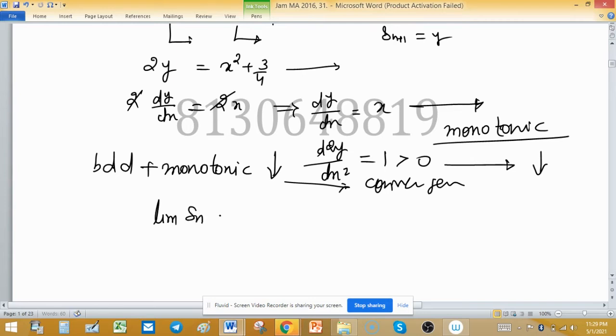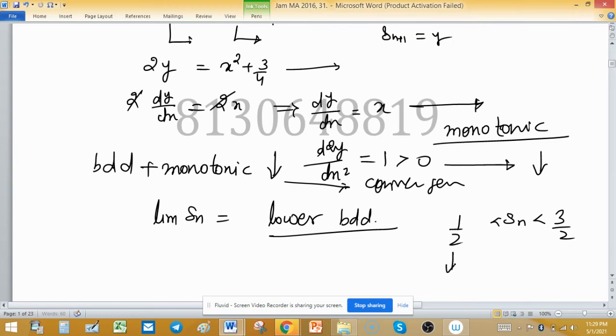So the limit of Sn will be the lower bound, because all terms lie between 3 by 2 and half, so this is the lower bound. So the limit of Sn is half.